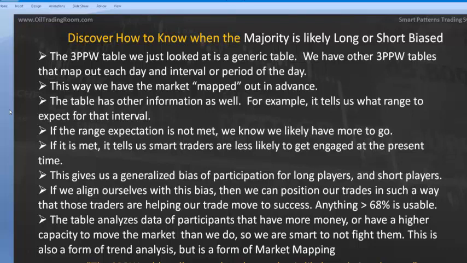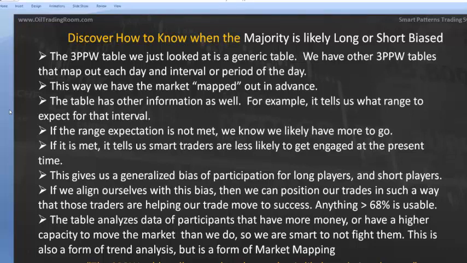But if you've exceeded that range, sometimes your risk is a little bit higher. So what do you do? Well, you can manage your risk a little bit more tightly than you would if it hadn't been met. But what this does is it gives us a generalized bias of participation for the long players or the short players.